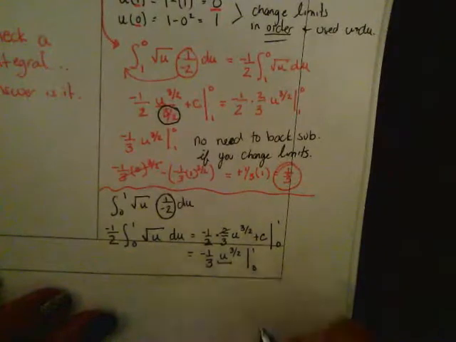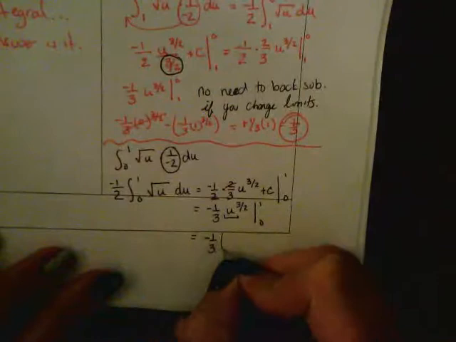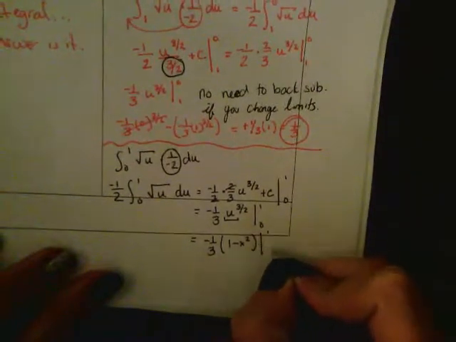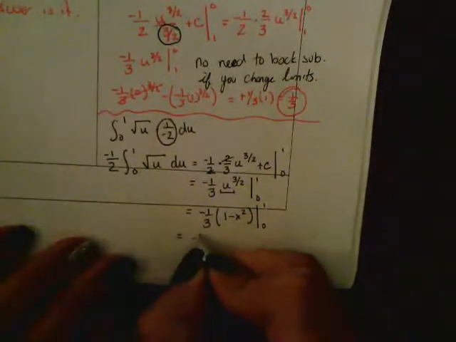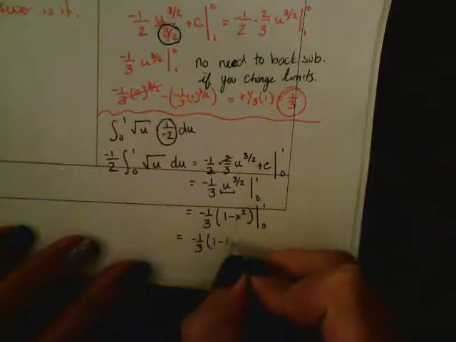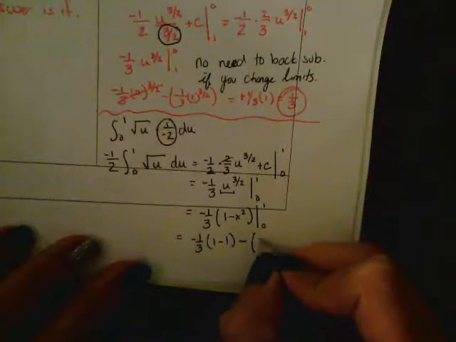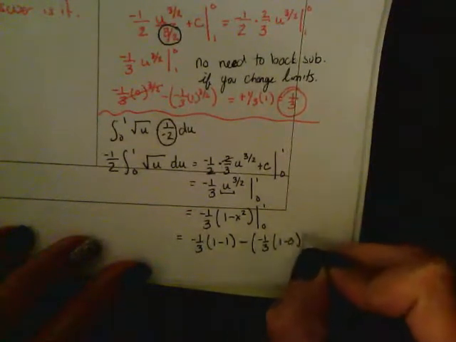Alright, here I'm going to back substitute. So it's -1/3. What was my u again? 1 minus x squared from 1 to 0. So now plug in the 1. So -1/3, 1 minus 1 squared, which is 1, minus -1/3, 1 minus 0.